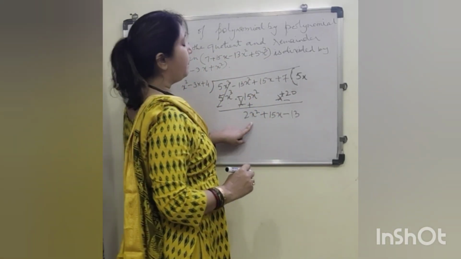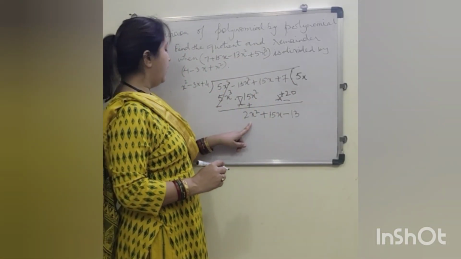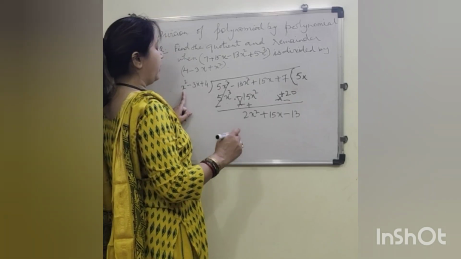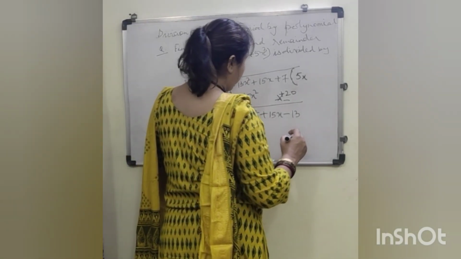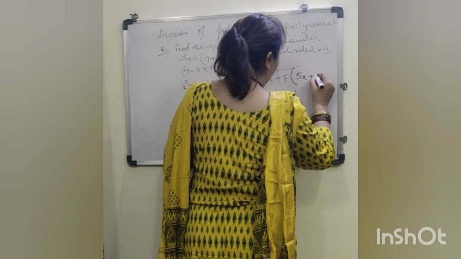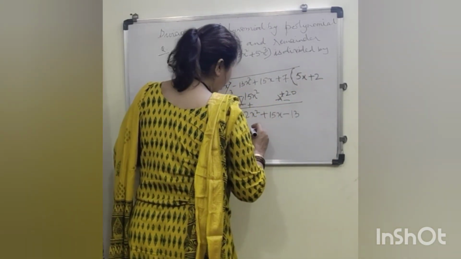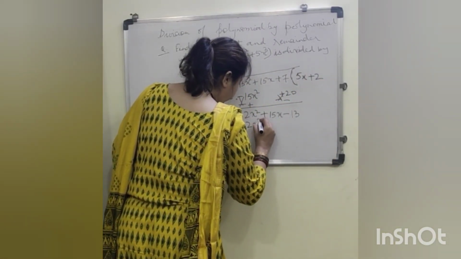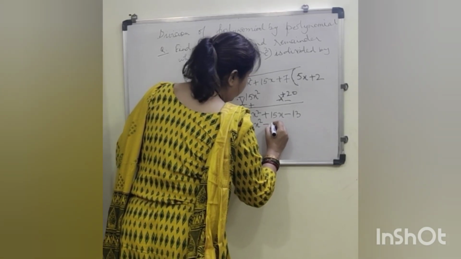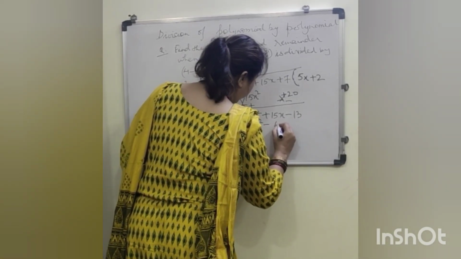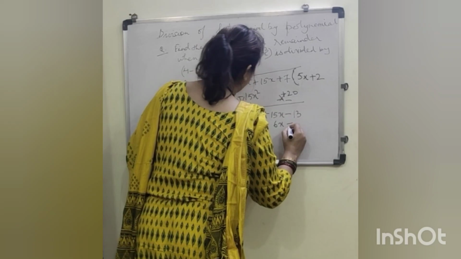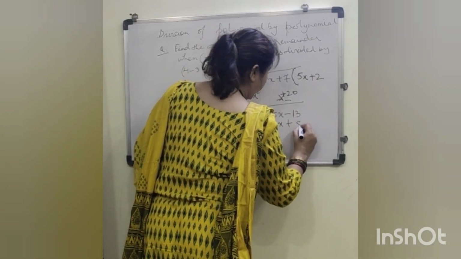Now your highest power term is 2x square. But to get 2x square, and it is positive, you have to multiply by 2. 2x square minus 6x plus 8.